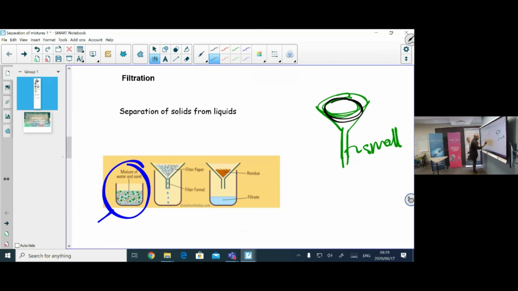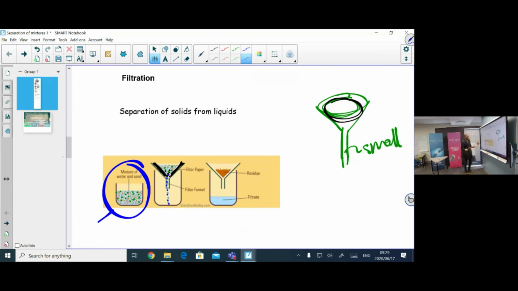And as you line your funnel with filter paper like that, what will happen is the solid particles will start to settle, and the water or the liquid in your mixture will drip out at the very bottom.